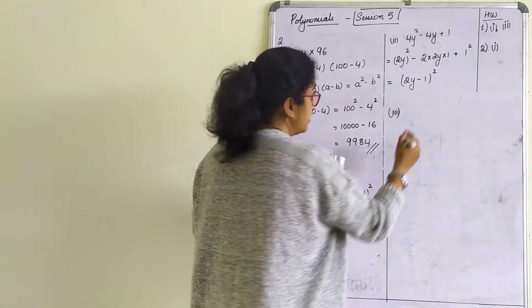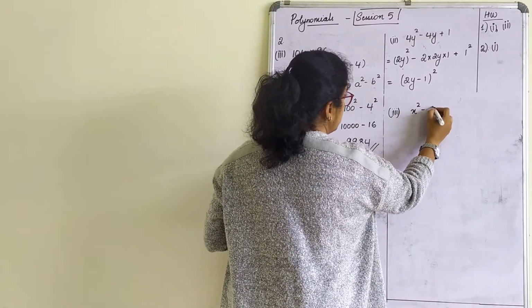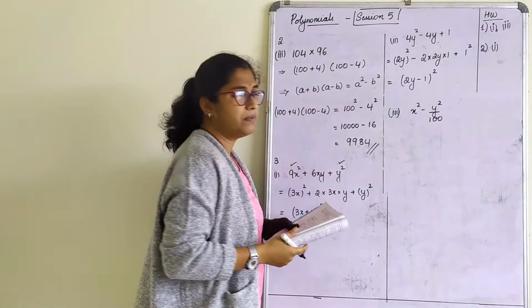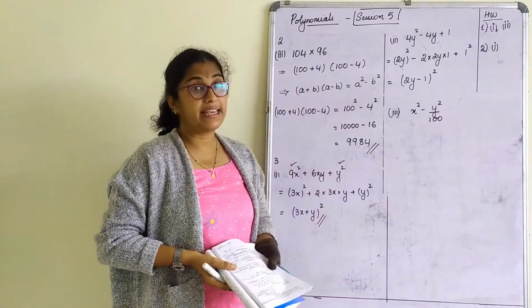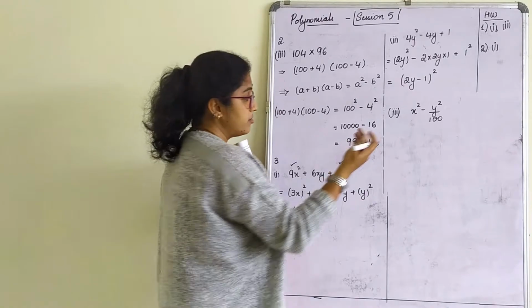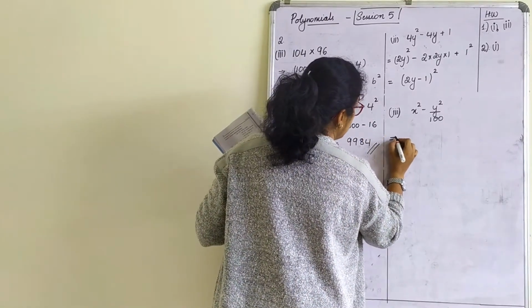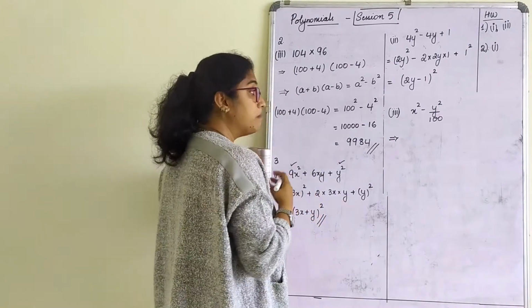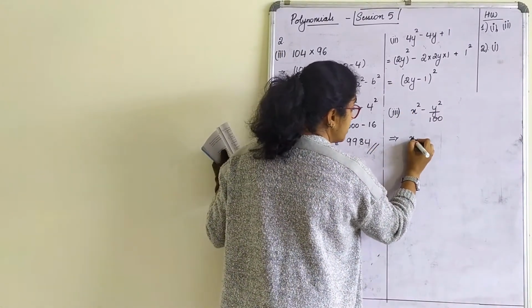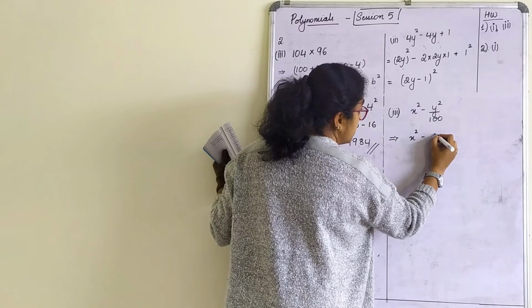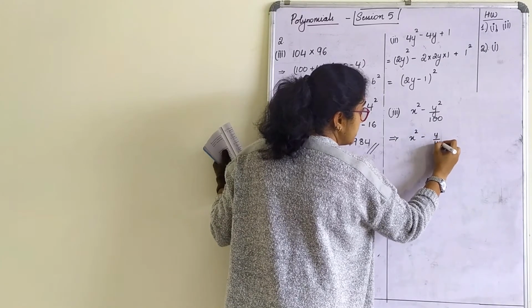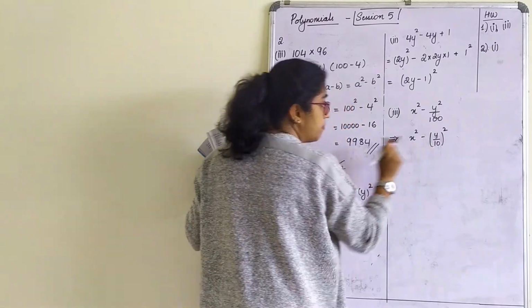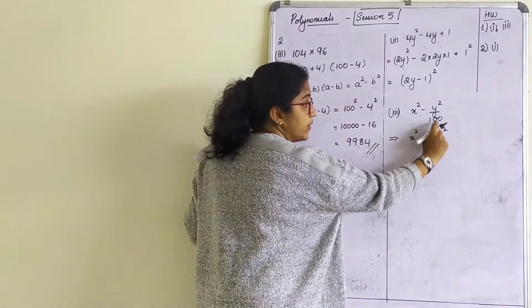And the last one in this, the third one: x square minus y square by 100. Now this is simple. This is of the form a square minus b square, so this can be written in the form of a plus b, a minus b. Before that we will write this in the form of a square minus b by 10 whole square, a square minus b square. 10 square is 100.